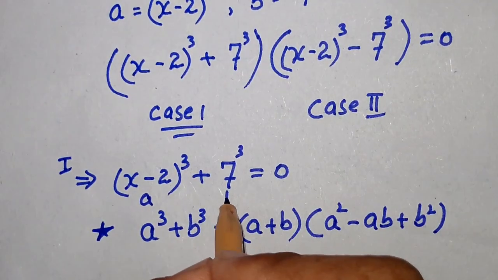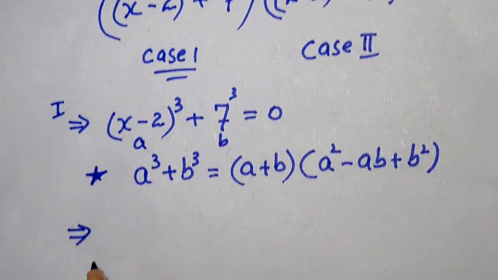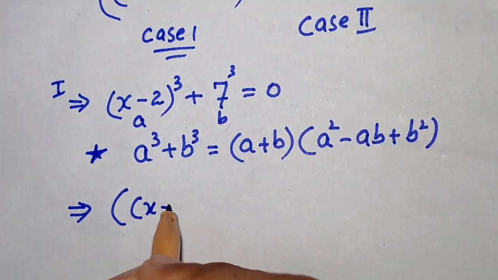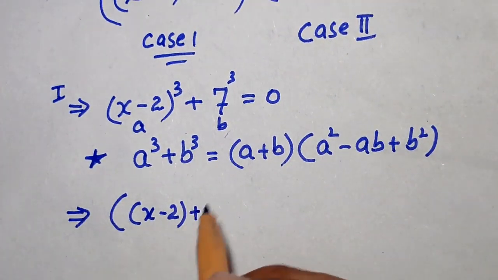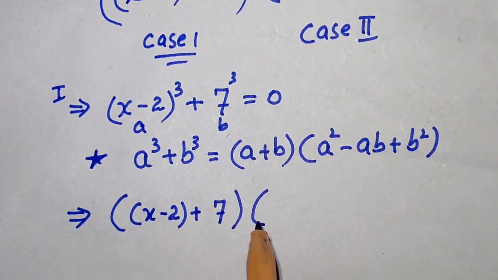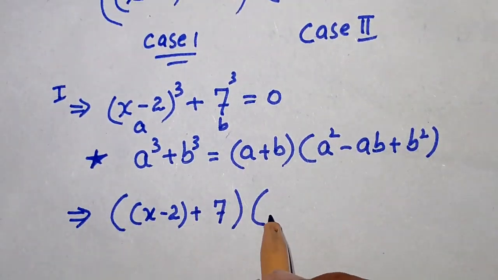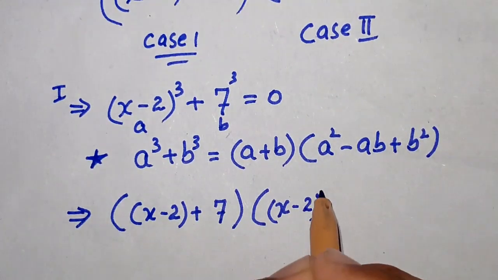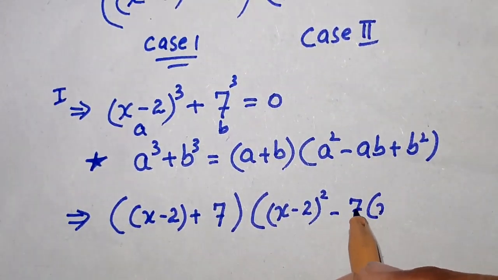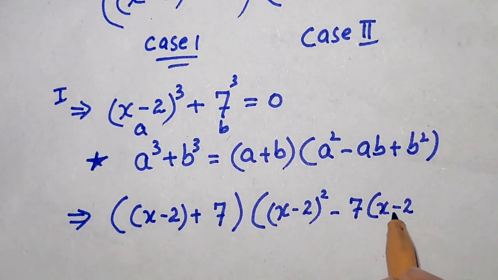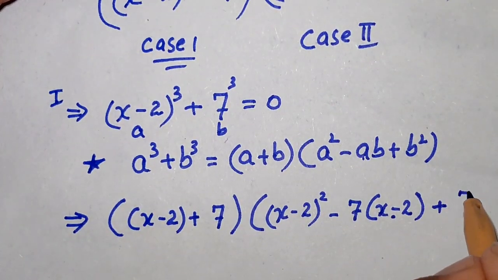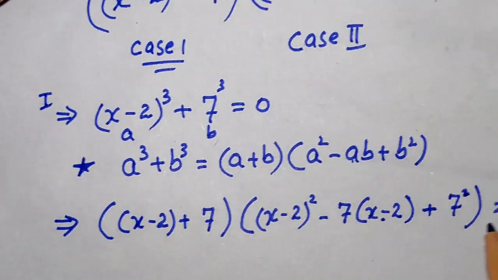Suppose this is a and this is b, so this will become a + b, where a is equal to x − 2 and b is equal to 7, times a², where a is x − 2, so (x − 2)², minus ab, plus b², where b is equal to 7, so 7², and this is equal to 0.